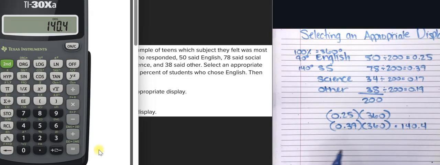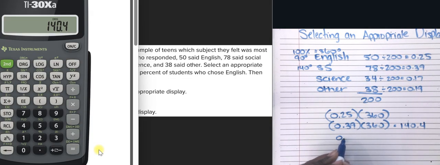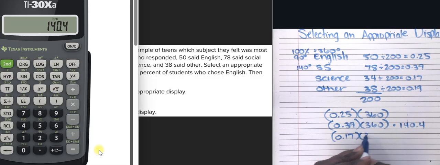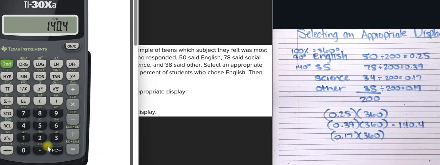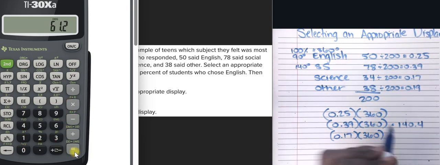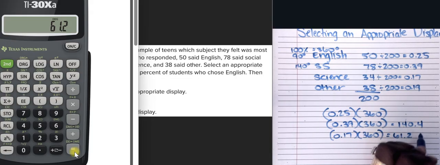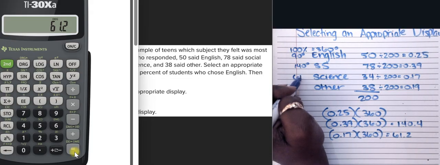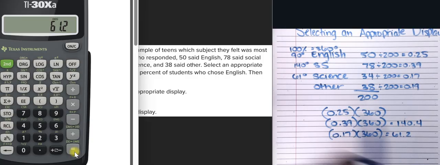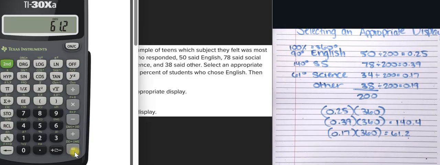And then we have our science. So science is 17% times 360. So 17% of 360 is equal to 61.2. So that's 61 degrees if we round it to the nearest whole number.